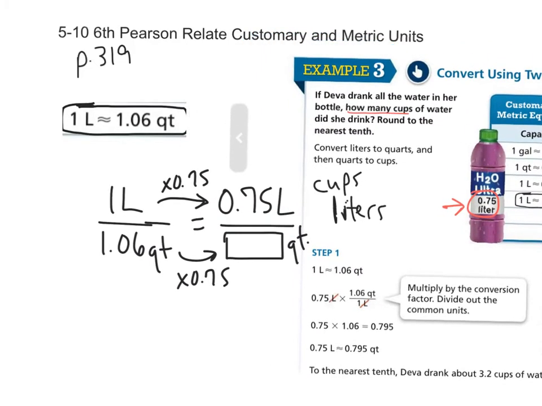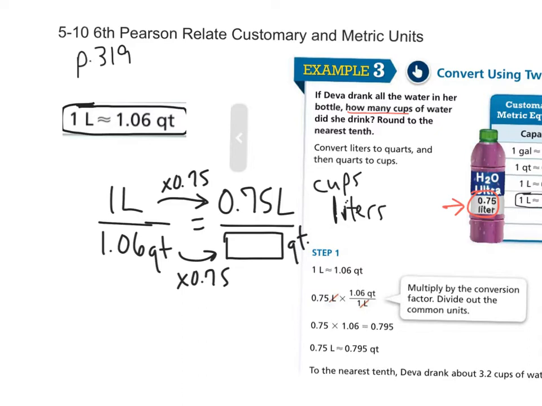The other option, going towards the box, would be going down. So if you did 1 times 1.06 that would give you 1.06. So you could do 0.75 times 1.06. And if you'll notice, we're doing the same thing either way. It's either 1.06 times 0.75 or it's 0.75 times 1.06, which are both the same.